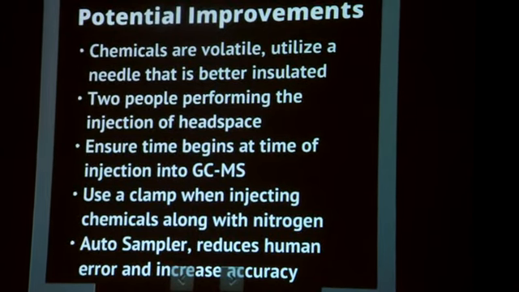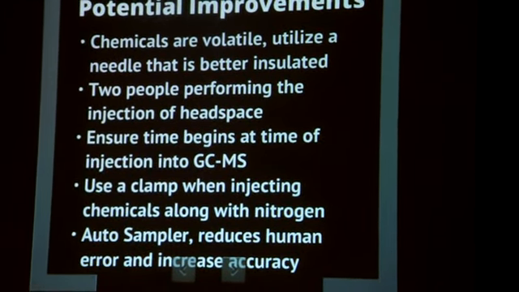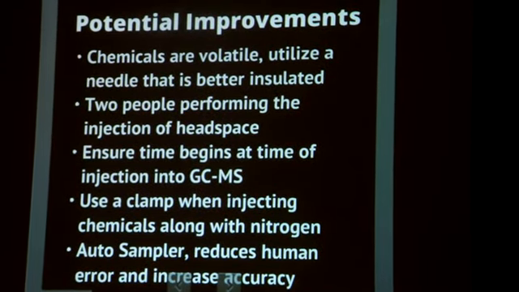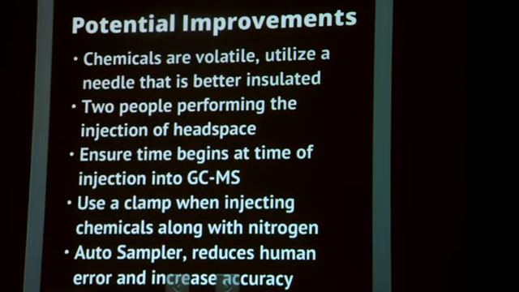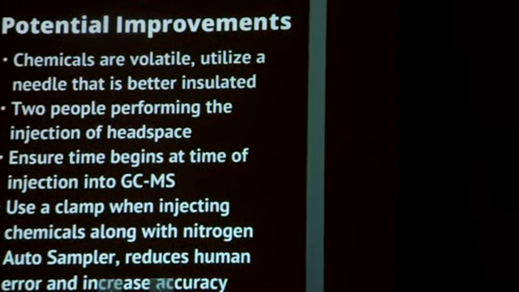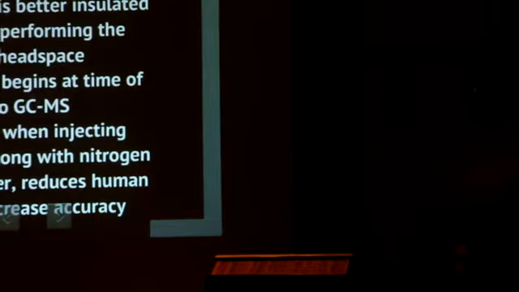Here are some potential improvements. Basically the chemicals are really volatile, so use a needle that's better insulated. Your body heat, if you hold on to the needle for too long, might affect the chemicals in there and warm them up. We don't want that, so maybe a better insulated needle.